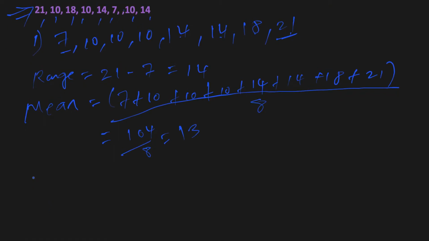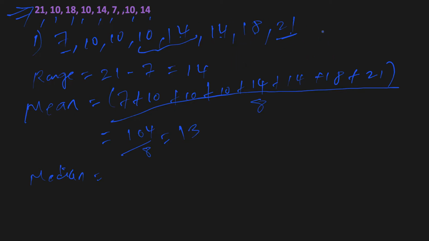Let's look at median now. Remember, median is the middle number in the given data set. Since we have 8 numbers in total, the middle numbers will be these two. It's easier if the number of items in the collection is odd.